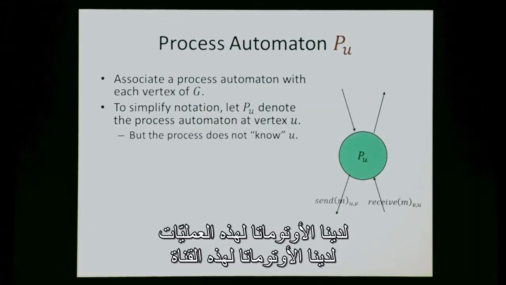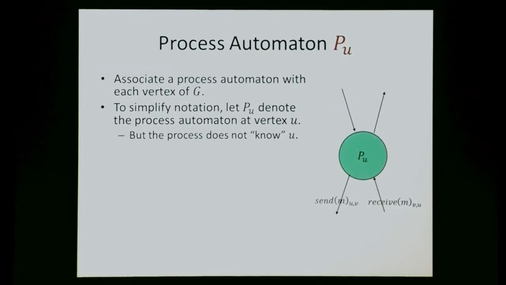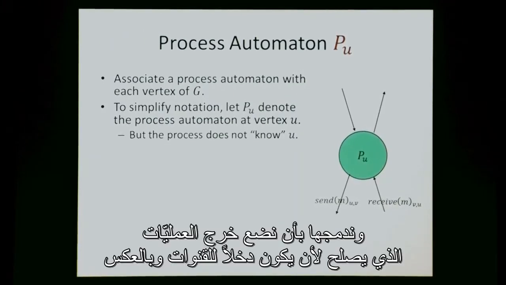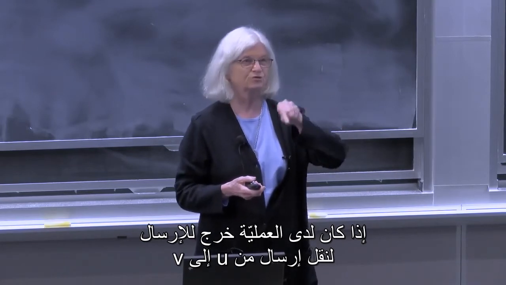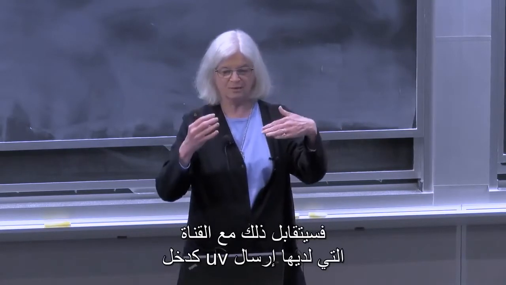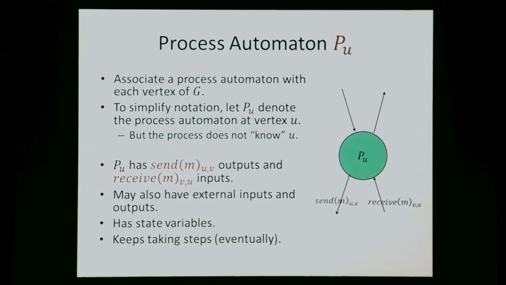Okay, so we have these process automata, we have these channel automata. Now we want to build a system. We paste them together. How we paste them is we have outputs from processes that can match up with inputs to channels and vice versa. If a process has a send output, let's say send from U to V, that will match up with the channel that has send UV as an input.